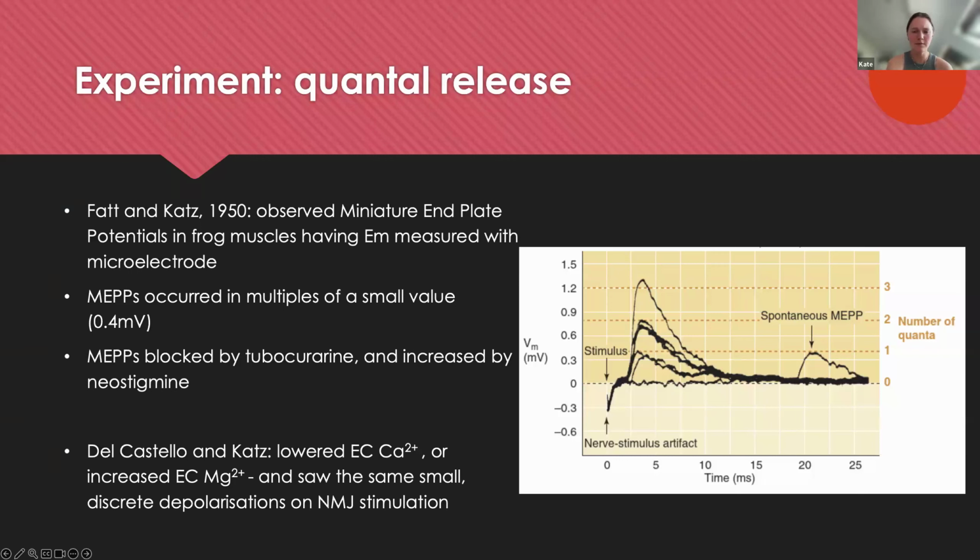This theory was clarified when the terminal was washed in fluorescent protein, and you could actually watch these vesicles being released and recycled. So the graph here, from the Fatt and Katz experiment, shows the differing stimulus and hence the different change in membrane potential, and shows a spontaneous miniature end plate potential, which is one of those vesicles just being released onto the end plate.